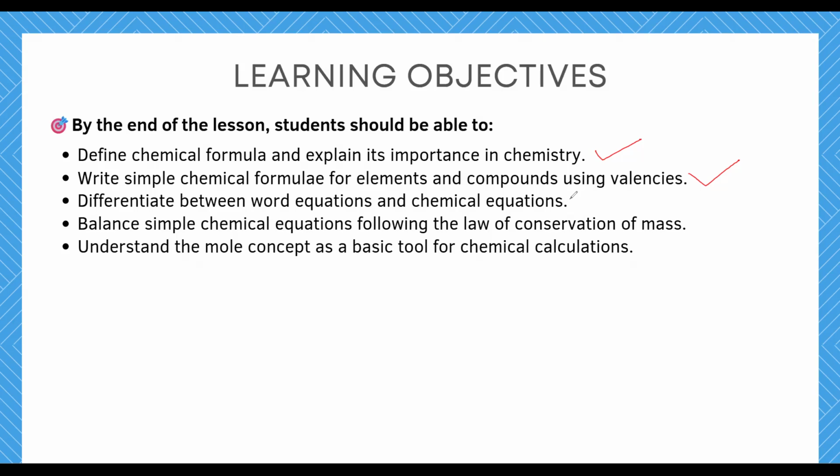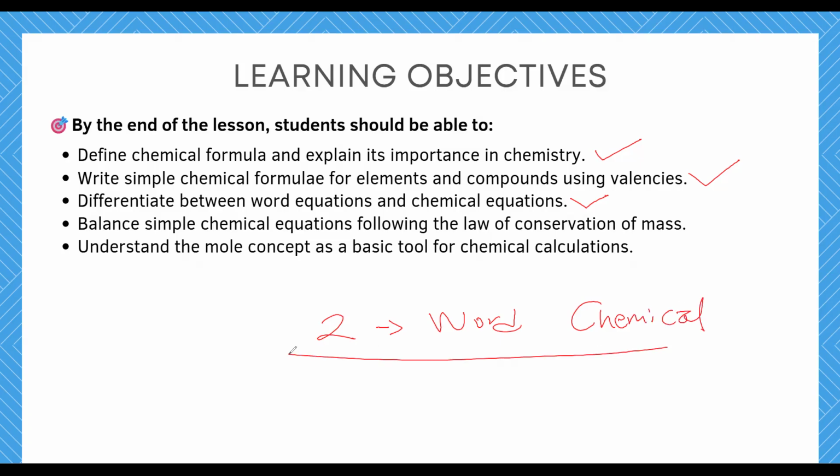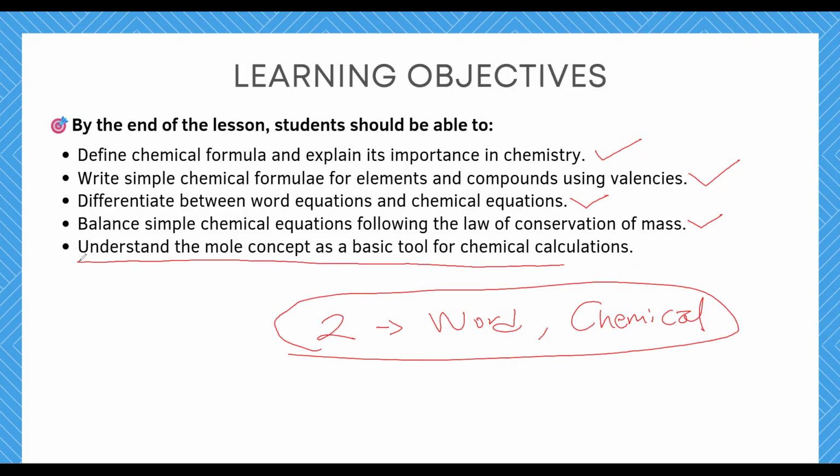Then you should be able to differentiate between word equations and chemical equations. In chemistry, equations can be subdivided into two broad types. We have the word equation and then we have the chemical equation. So in today's lesson, we're going to be seeing both of them, and then we're going to be differentiating between the two of them. And then finally, we're going to be learning how to balance chemical equations. This last one, we're not going to be doing it in today's lesson, okay?